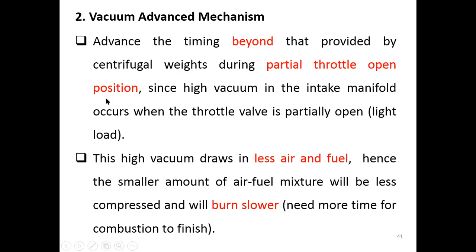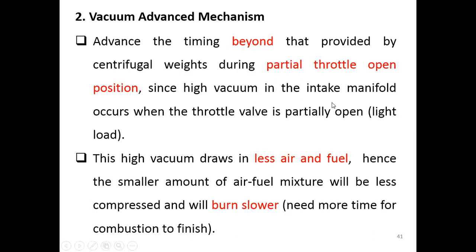That means this mechanism will provide further ignition advance beyond what the centrifugal mechanism provides, because the engine needs it at partial engine load, not at full load.